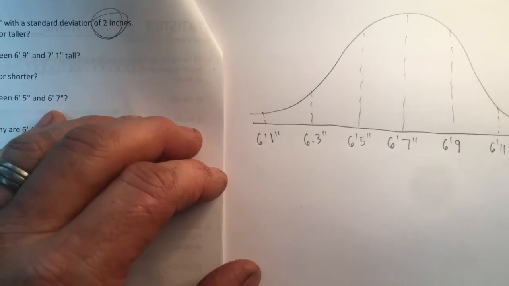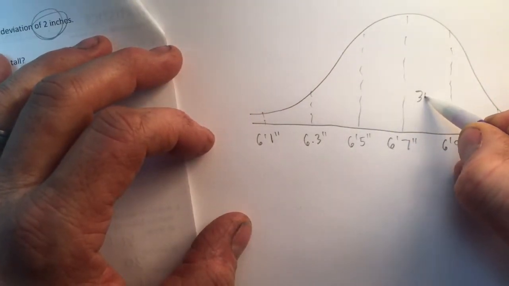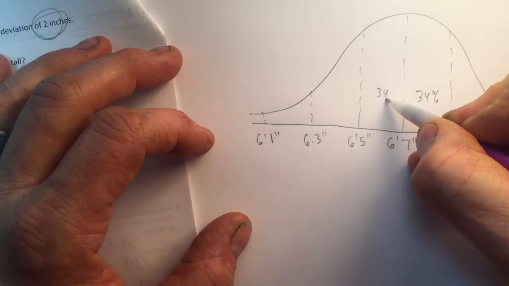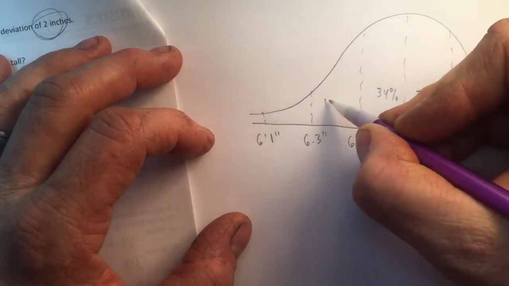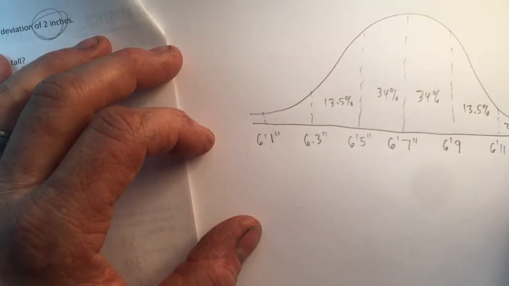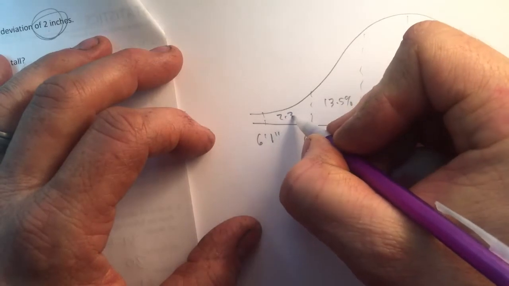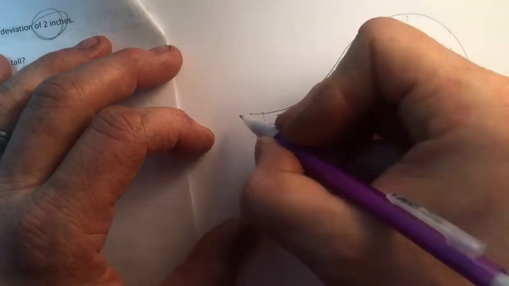All right, now put my percents in. Well, right here, this is 34%, and that's 34%. Right here, this would be 13.5%. That's 13.5%. Right here, 2.35%. 2.35%. And this 0.15%.